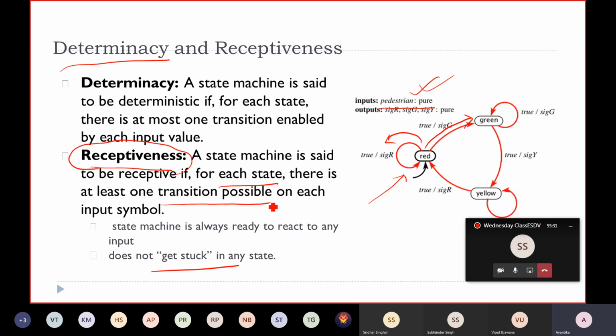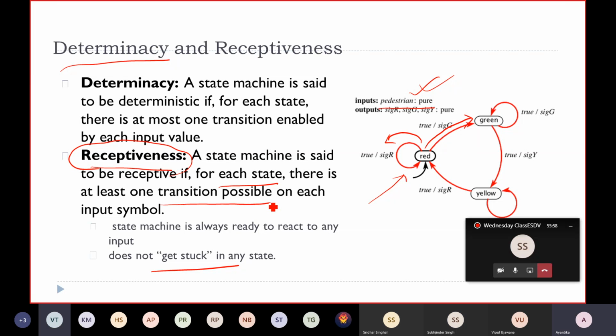That means whatever input you have considered, for each state at least one transition should be possible. You are ensuring that for any inputs, your transition from one state to another should not get stuck. That transition may be direct or indirect.